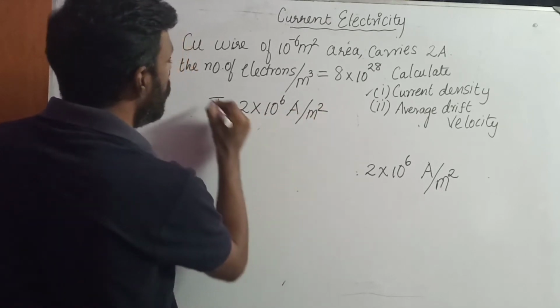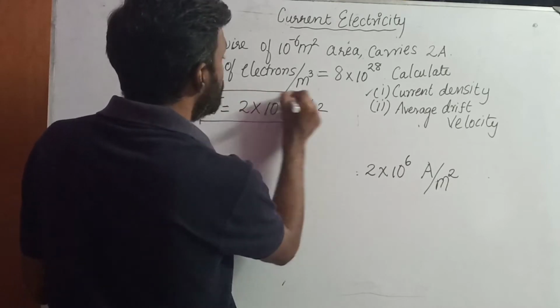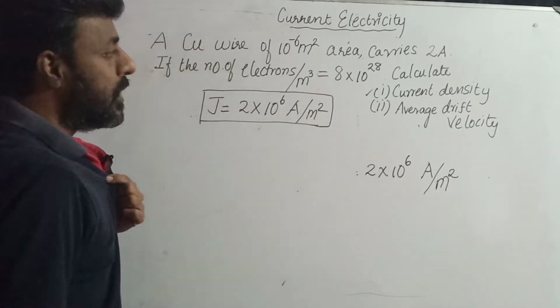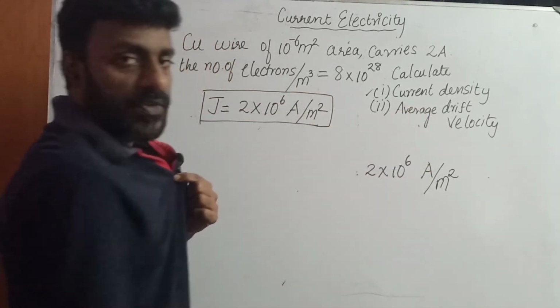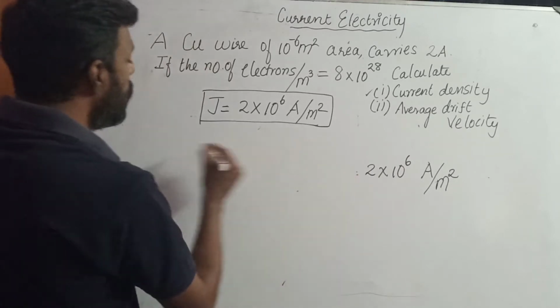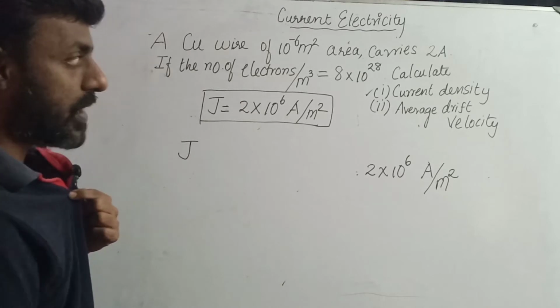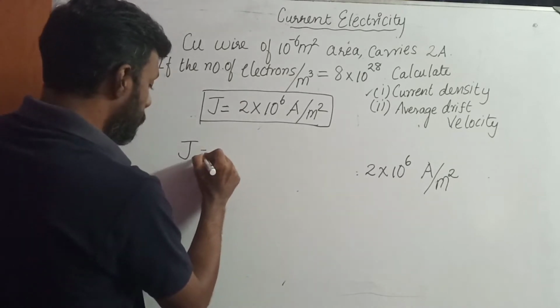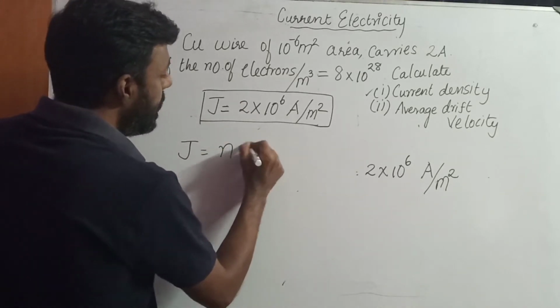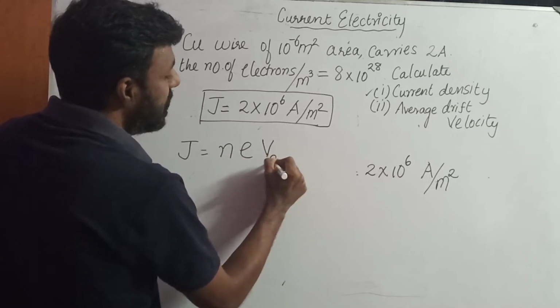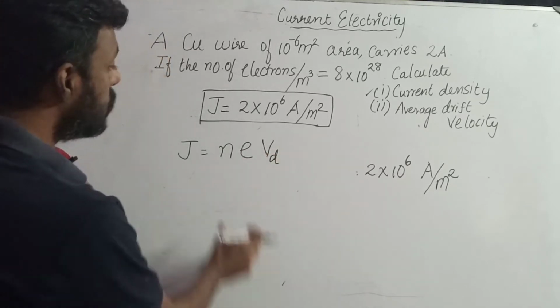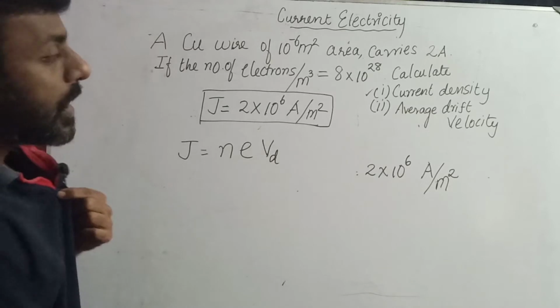Average drift velocity is left. We know that current density can also be expressed as J equal to N E V suffix D.